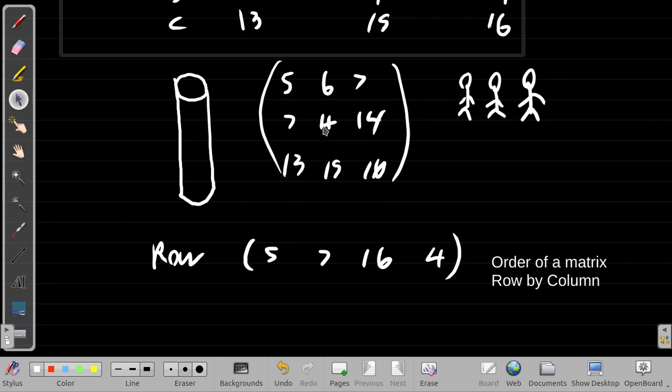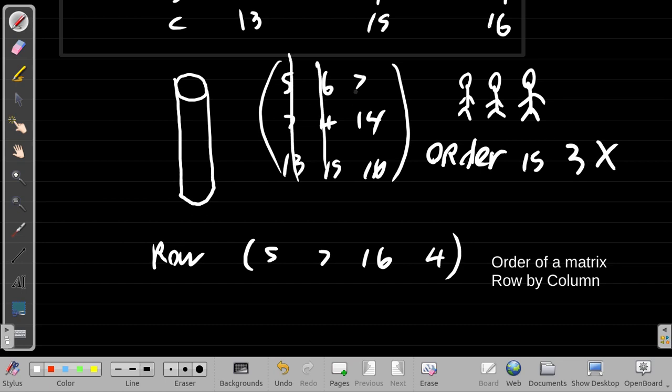So what you're going to say is, this is 1, 2, 3 rows. So the order is 3 rows, 3 columns, and instead of writing "by", you put the multiplication sign.